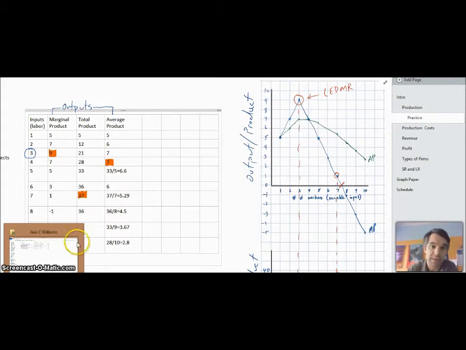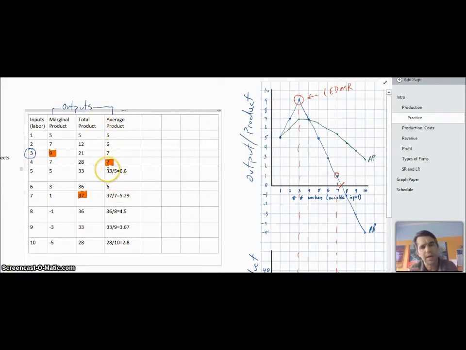What's more important is when we come back to the table, when we come back to the schedule and look at average product, again, what we're saying is, what is the average production of each of the inputs, in this case, labor? So, if I'm hiring people, I want them to be as efficient as possible. So they're most efficient when each person is producing the greatest possible amount.